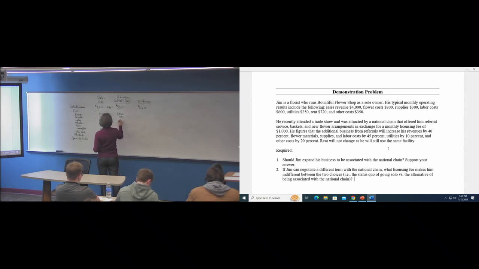Labor is going to be 870, okay? How much are utilities going up by? 10%. Okay, yep. Rent stays the same. The licensing fee is 1,000. And other expenses go up by 20%.